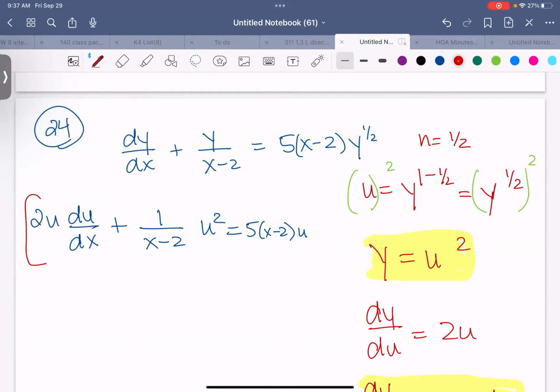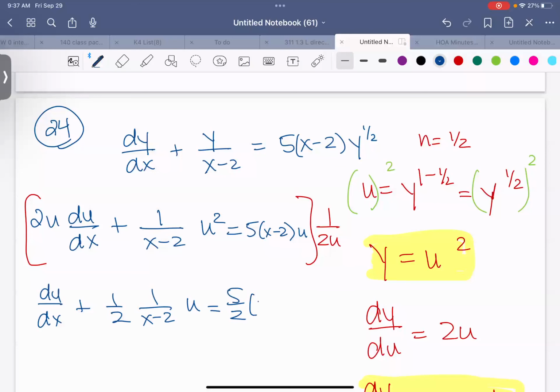Then I'm going to get rid of what's in front of the du dx by multiplying by 1 over 2u. That will leave me with du dx plus 1/2 times 1 over x minus 2 times u equals 5/2 times x minus 2.